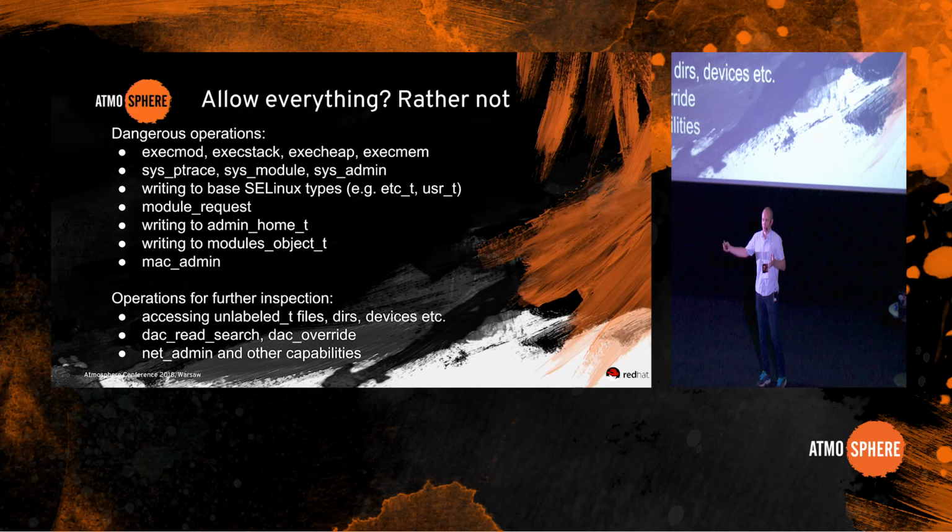There is a sequence in which the kernel checks if a process should be allowed to access. So first, the kernel checks if Unix permissions are satisfied.